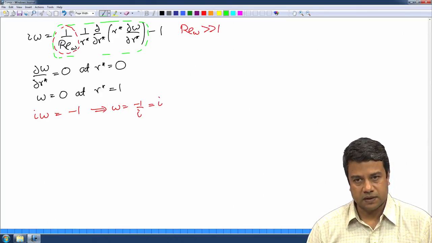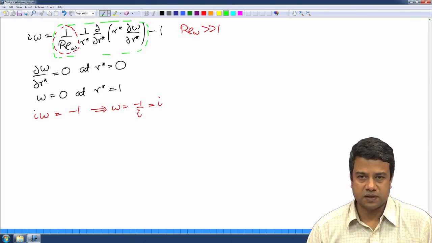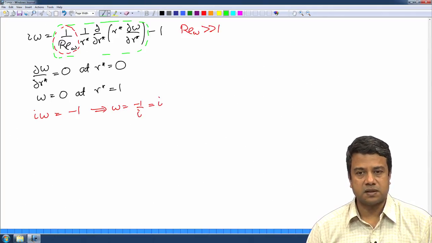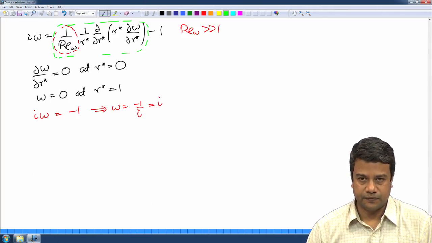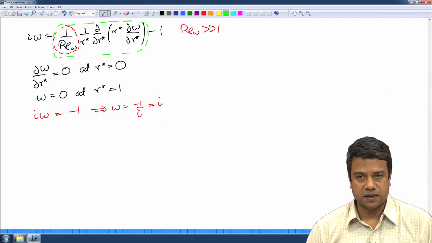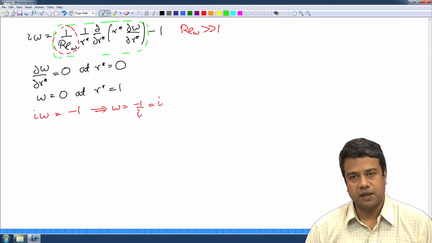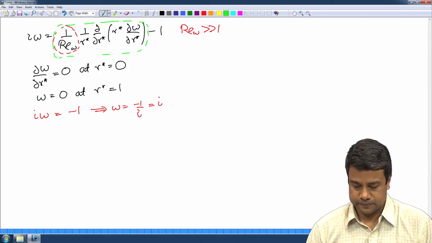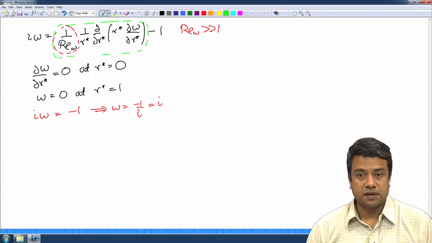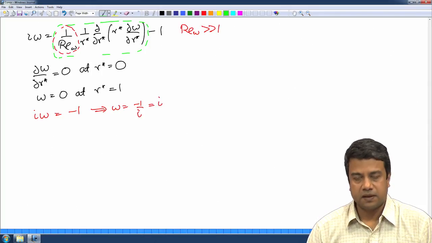When the equation is reduced to a 0th order equation, there are no boundary conditions that can be satisfied anymore. Mathematically, because I have neglected the highest derivative, I do not have constants of integration in the solution to be able to satisfy the boundary conditions. That is the mathematical problem.